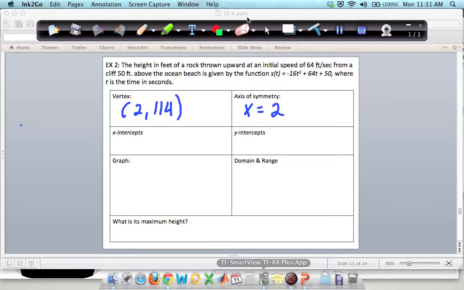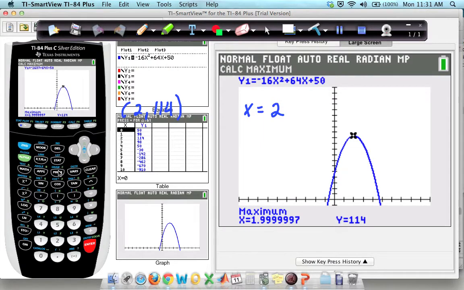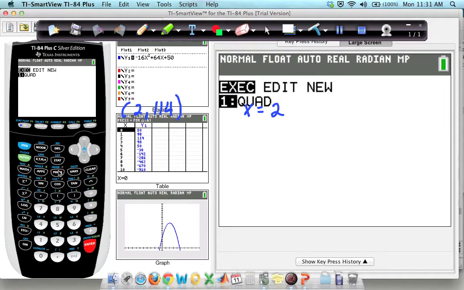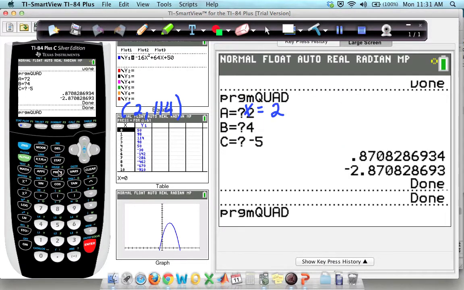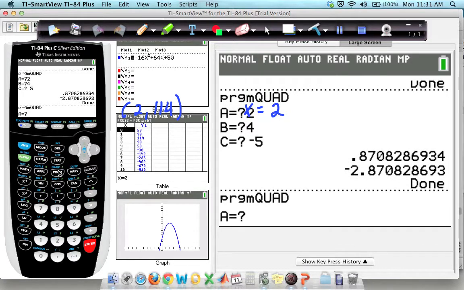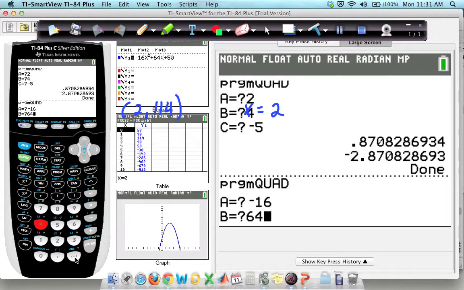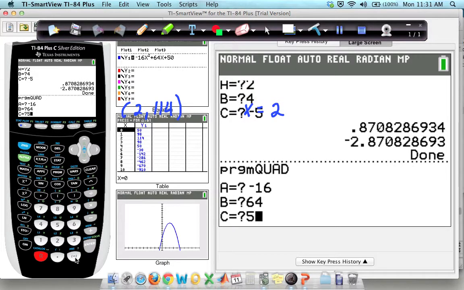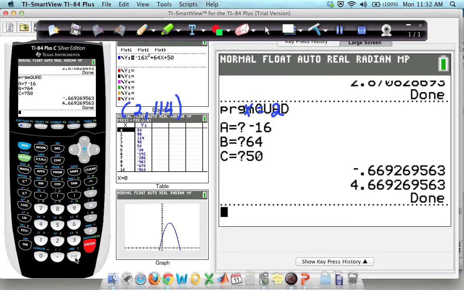So I'm going to go back to my calculator, hit program, enter, enter, and plug in -16 for A, 64 for B, and 50 for C. And I'm going to round, I get -0.67 and 4.67.